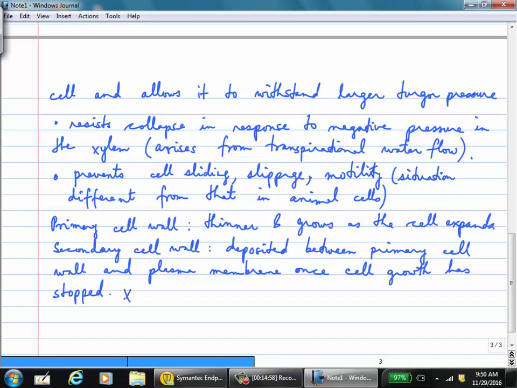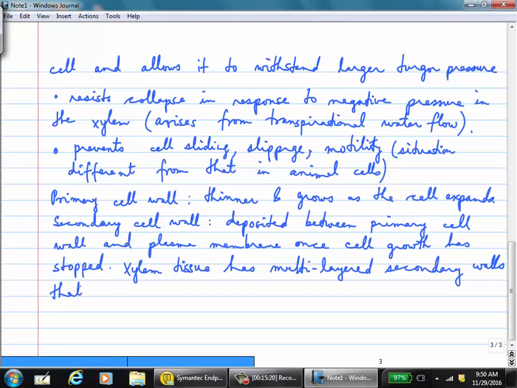So xylem tissue has multi-layered secondary walls that are strengthened and waterproofed by lignin.